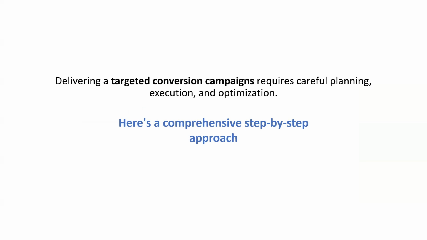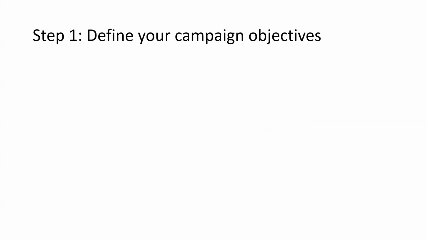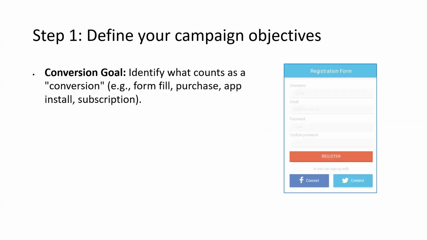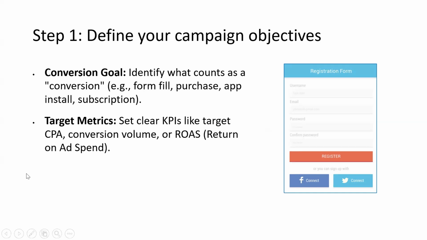And delivering these conversion campaigns requires careful planning, execution, and optimization. I will take you through a step-by-step process of how these conversion campaigns happen. Step number one is defining your campaign objectives, where you identify what counts as a conversion. As I just told you, it could be a form fill, a purchase, an app install, or a subscription.